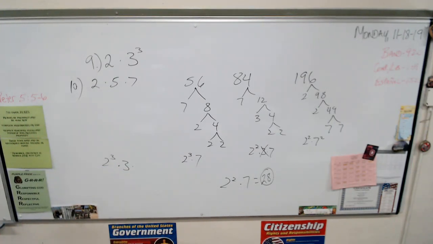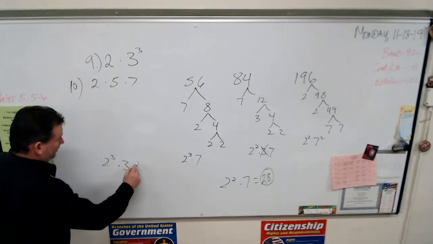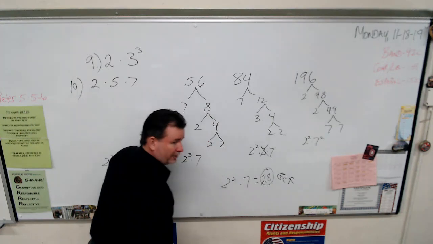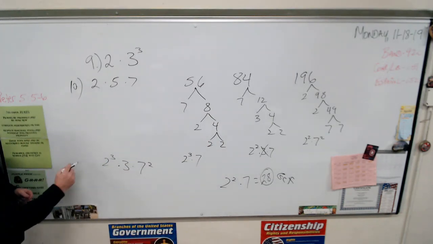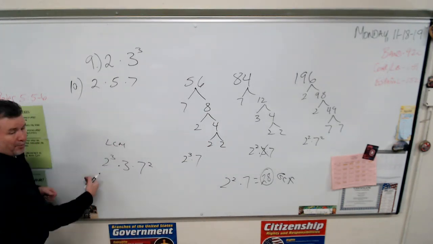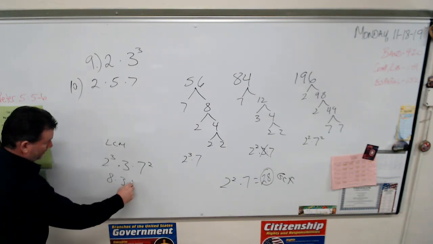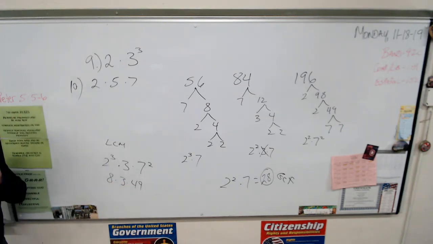What's the highest power of 7? 7 squared. So listen, big difference. This is the GCF. How do you find the LCM? You got to multiply all this together. 8 times 3 times 49. You get a pretty big number like you would expect. Got it? You sure?